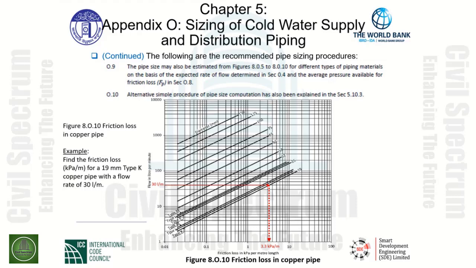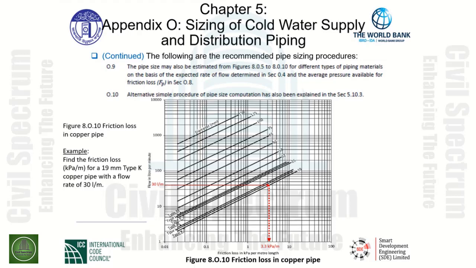On the x-axis, we are given friction loss in kPa per meter length. On the y-axis, we are given flow in liters per minute. The curves are indicated according to the pipe size that ranges from 19 millimeters to 150 millimeters.